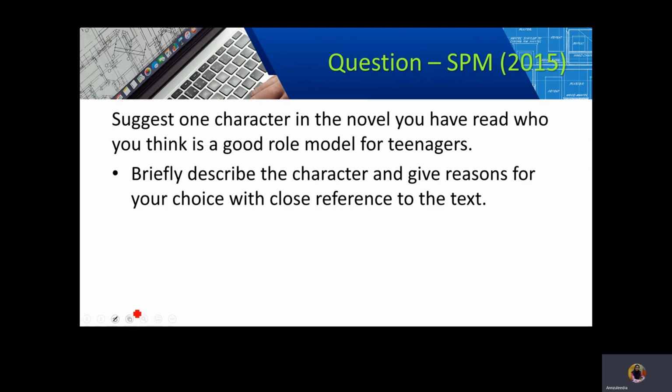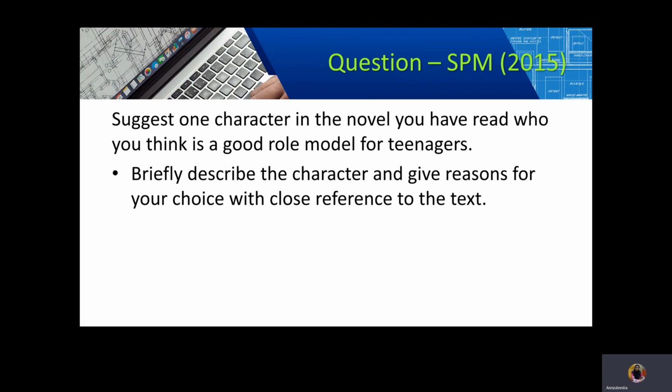Now, if we look at the question, you need to understand that the question has at least three keywords. Let's see whether you can identify them.